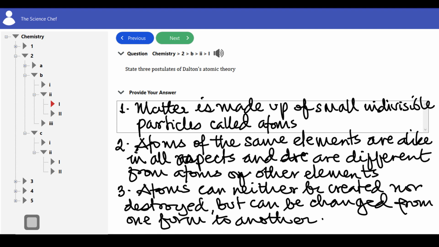They can combine in very large ratios, and the only one that is completely correct is the last one that says that all chemical reactions are as a result of the separation and combination of atoms. Yeah, so that's the only one that is still valid till today, but the remaining 4 have been faulted in one way or the other. Some are completely discarded while others have been modified, right? So to the next question.